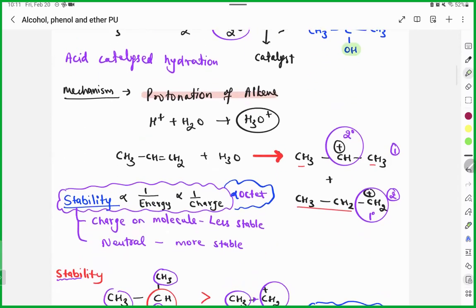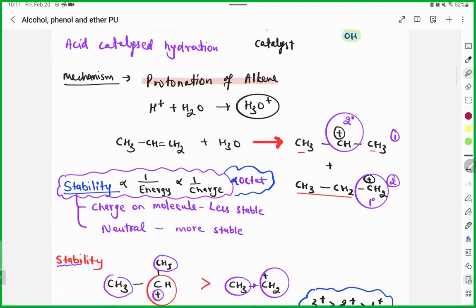What is the mechanism? Because you can be asked what is the mechanism of this alcohol formation. So whenever you take alkene and you take water, what will happen? It will form the carbocation. Now you have to look which carbocation is more stable.